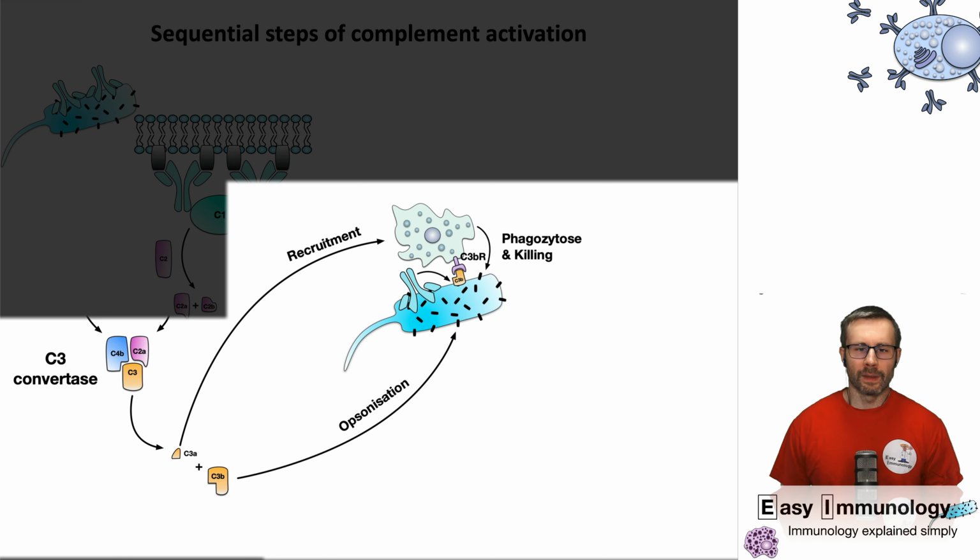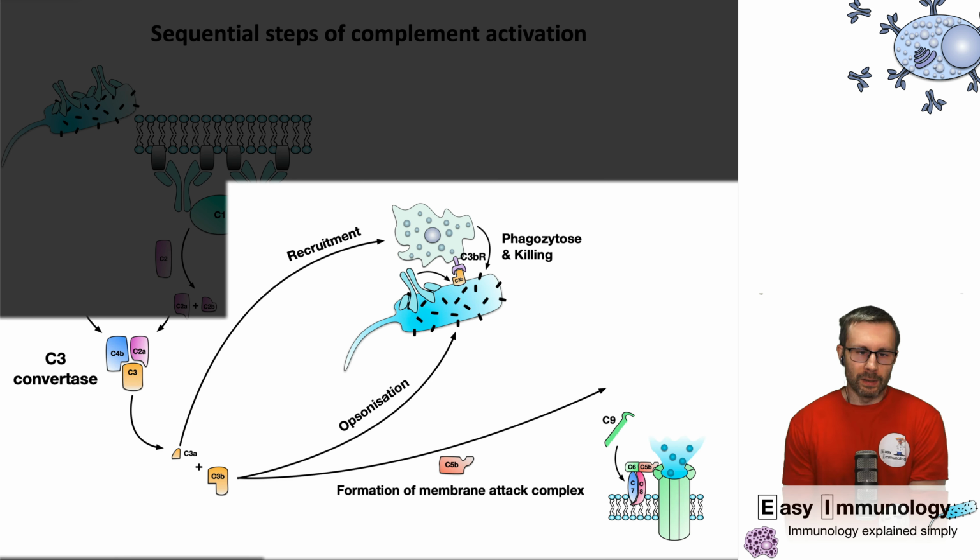So this is cool. This eliminates a lot of pathogens already, but the complement cascade is not done yet, because this C3b together with C4b and C2a forms something that is called the C5 convertase that cleaves then the complement protein 5, and then it goes on and on and on. And basically at the end of the complement cascade, a protein that is called C9 is integrated into the membrane.